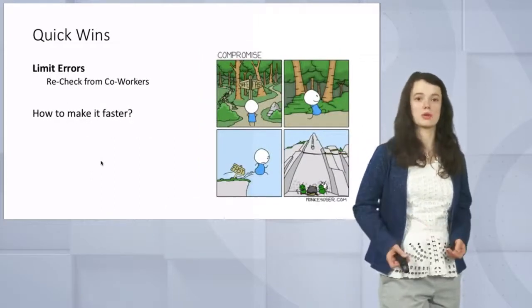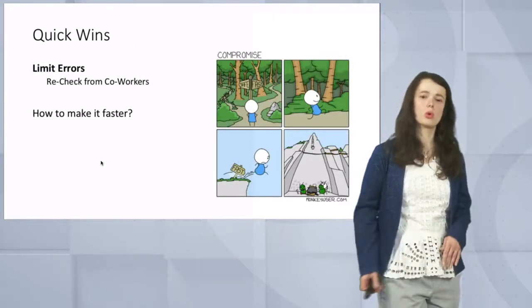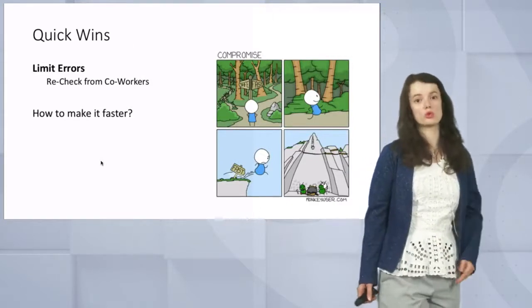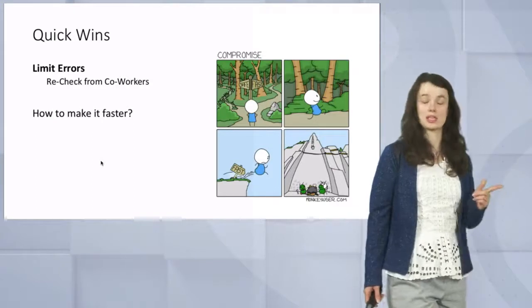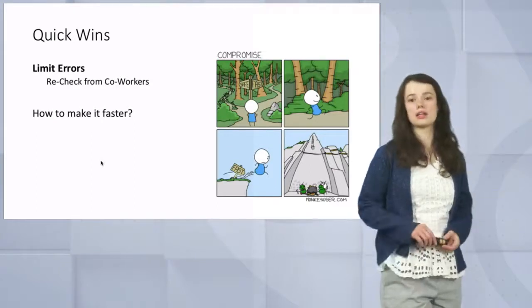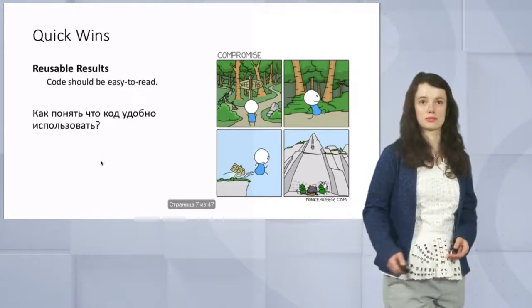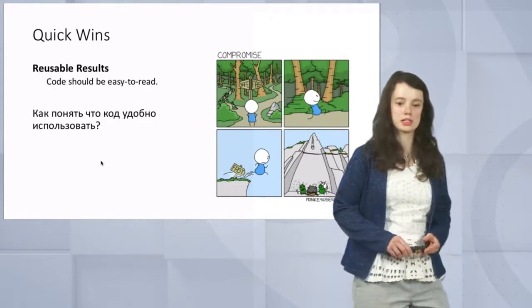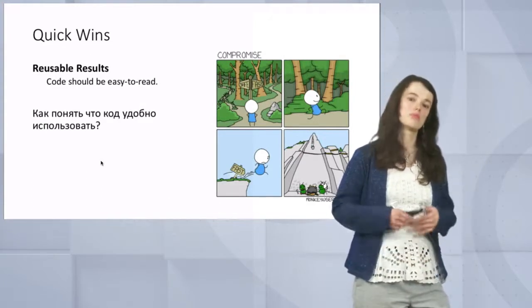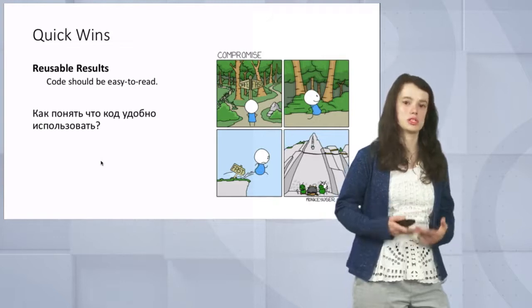What are easy ways to deal with it? To limit errors, the easiest way is to show your work to somebody else. But it's very time-consuming. And for reusable results, you need to provide code which is easy to read.